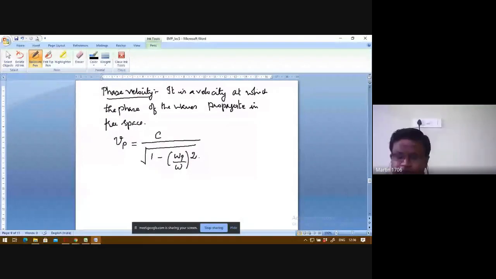So this is the phase velocity, the cluster of the pulse signal inside the wave packet. I can also define it as omega by beta.